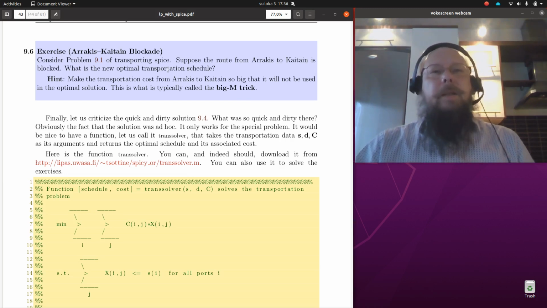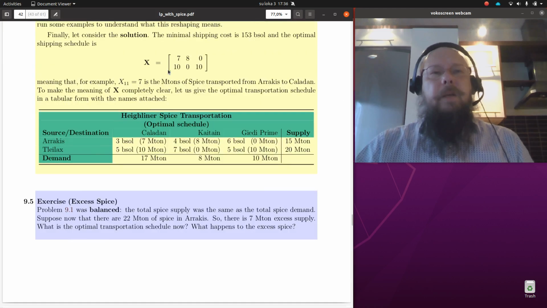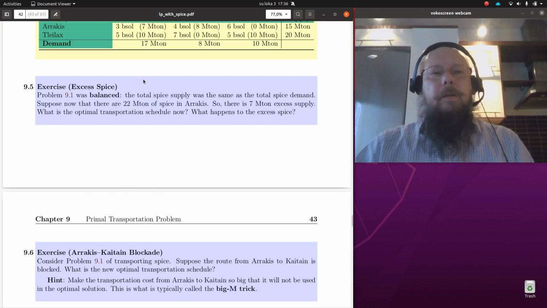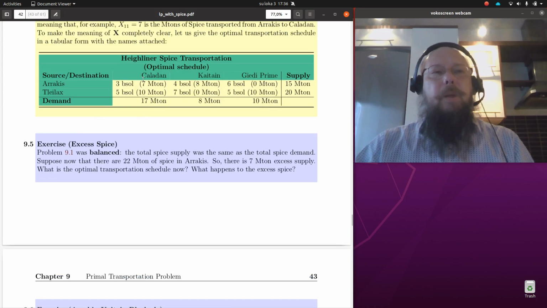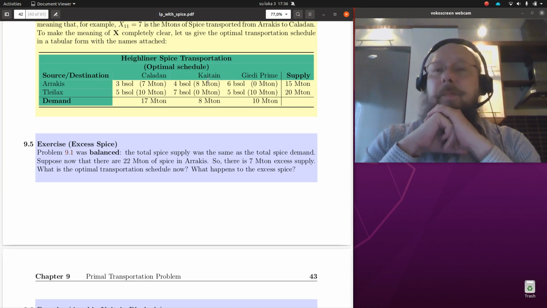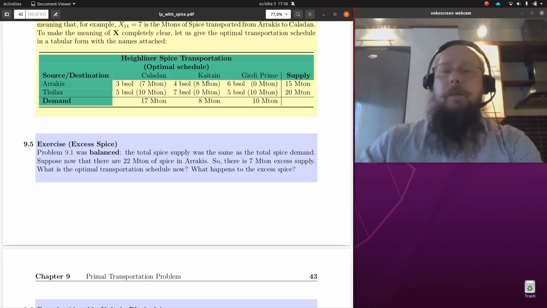The point is that it is blocked. So this route from Arrakis to Kaitain, which we used in the optimal solution, where 8 megatons were transported. Now we are not allowed to do it. This route is blocked. What happens now? This is the question.